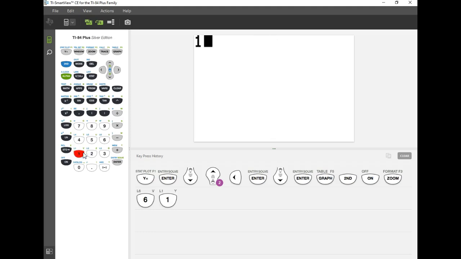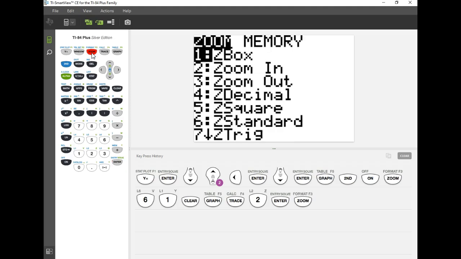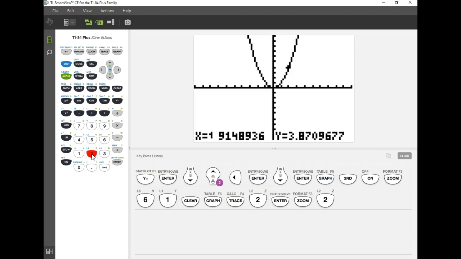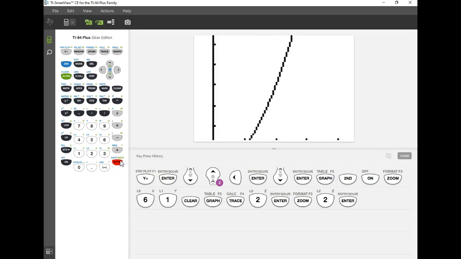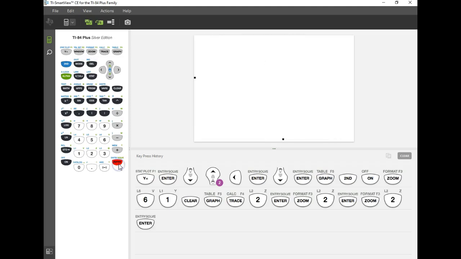I want to go to x is 2. So we're at that spot, and I'm going to zoom in on it. That's clearly a curve. As I zoom in, it's definitely still a curve. I zoom in a little closer and it's still a curve.